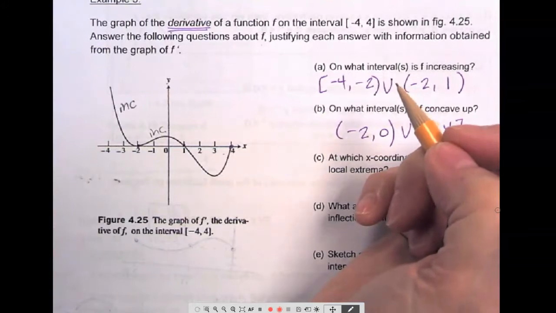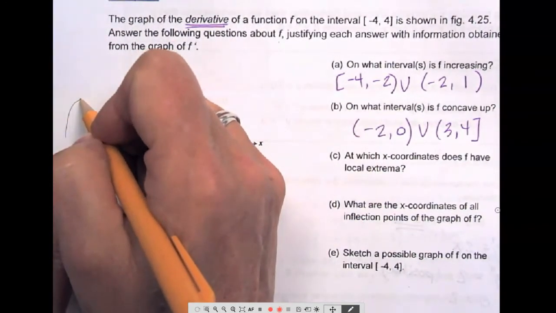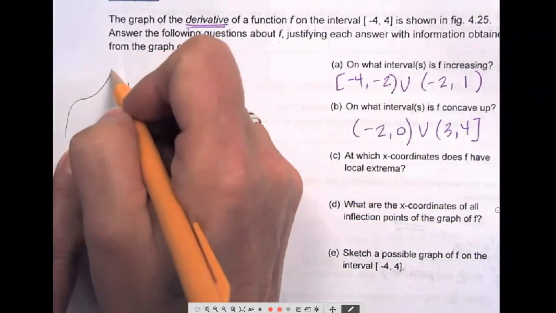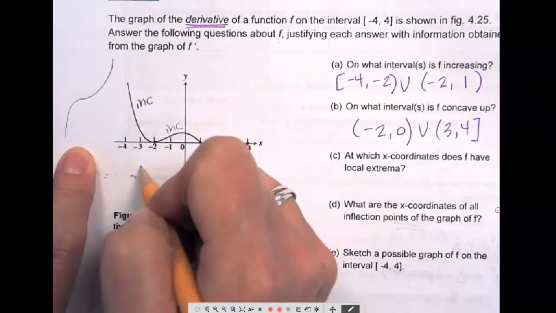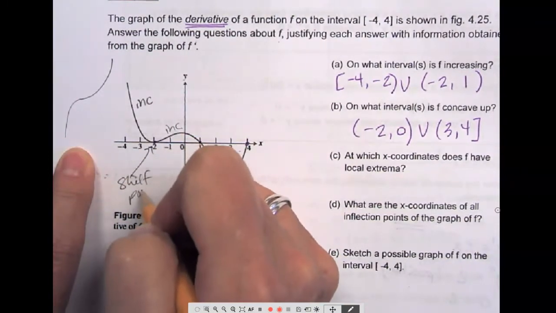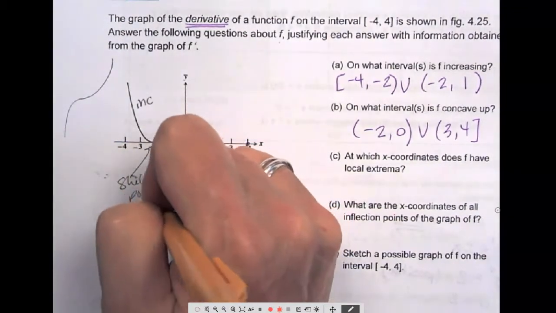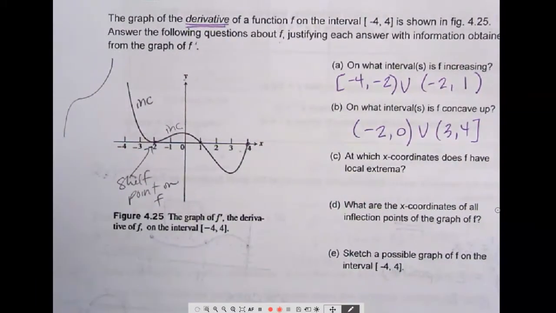The shelf point, yes. So my original graph is increasing, little momentary slope of 0, and then keeps increasing. So this is a shelf point. It's not on this graph, but it represents a shelf point on the original. So shelf point on f. Does that help us with the local extrema?